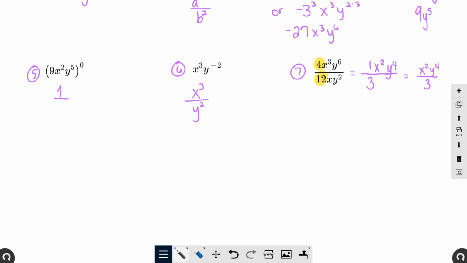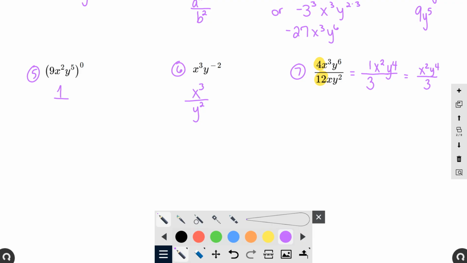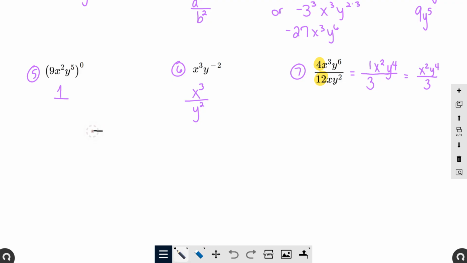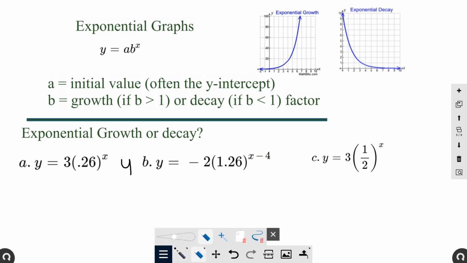Better? Oh, that's better. All right, so let's do some exponential equation stuff. This is going to pop up in a second, but you guys can go ahead and write it down. This is our exponential equation. We wrote this down the second day of school. There it is. Exponential equation or graph.